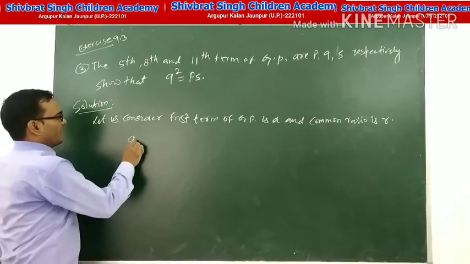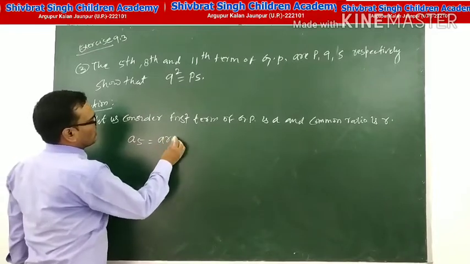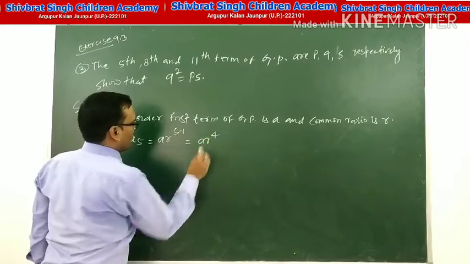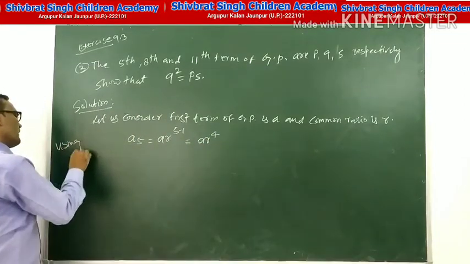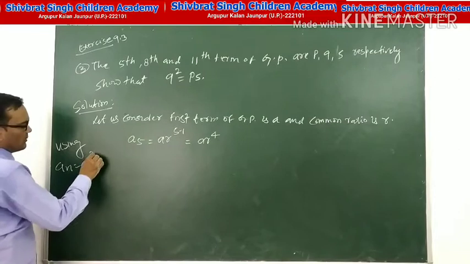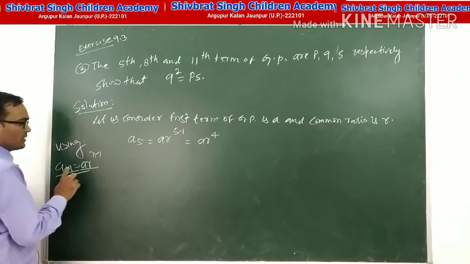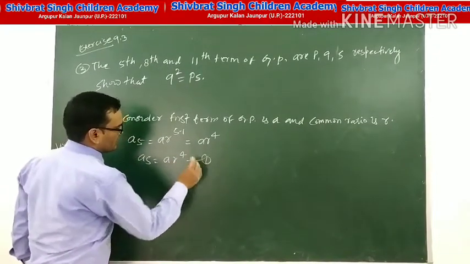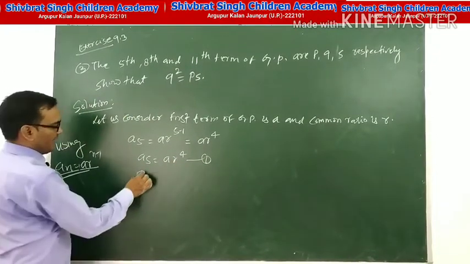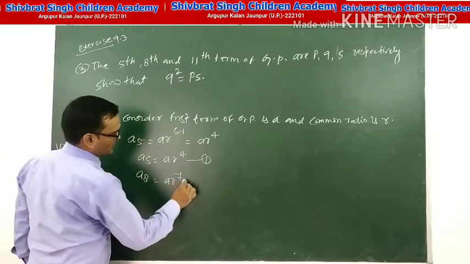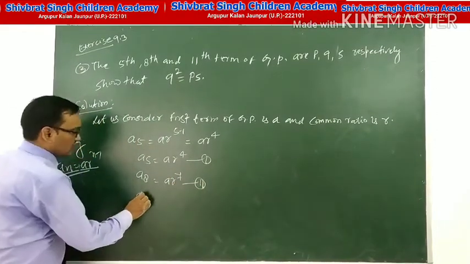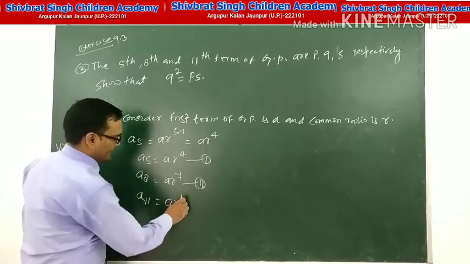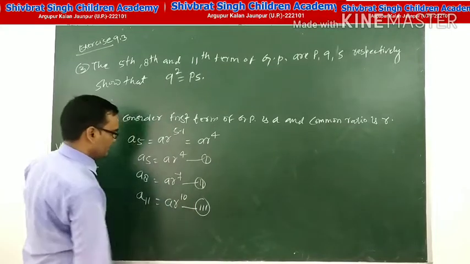Then a5 equals a r to the power 5 minus 1, that means a r to the power 4, using an equals a r to the power n minus 1. Here n equal to 5, then a5 equals a r to the power 4. This is the first. Similarly, a8 equals a r to the power 7, second, and third is a11 equals a r to the power 10. This is the third.